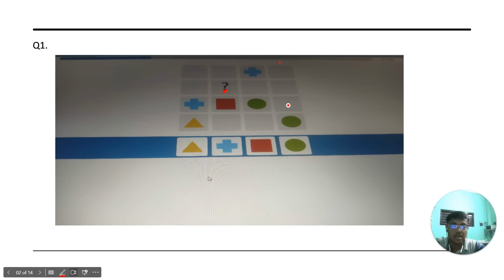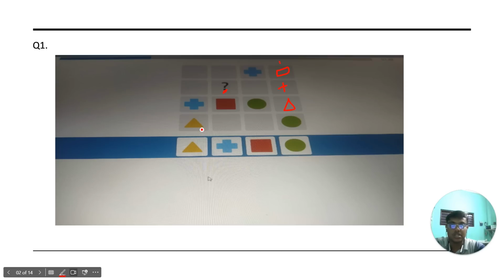As you can see, here only one box is left, that is the triangle. All others are filled. Now if we take this row, you would see plus is already there, so plus can't come here. In this row, plus can't come. Also only 2 boxes are filled and 2 are left, and within that plus can't come here, so plus would be placed here and only square is left for this box, so square is placed here.